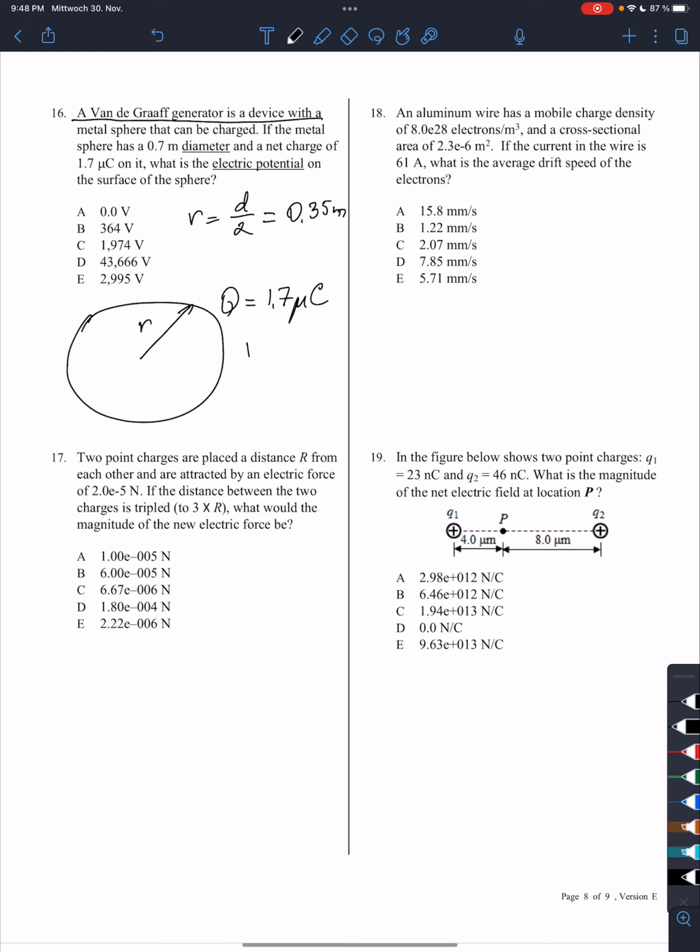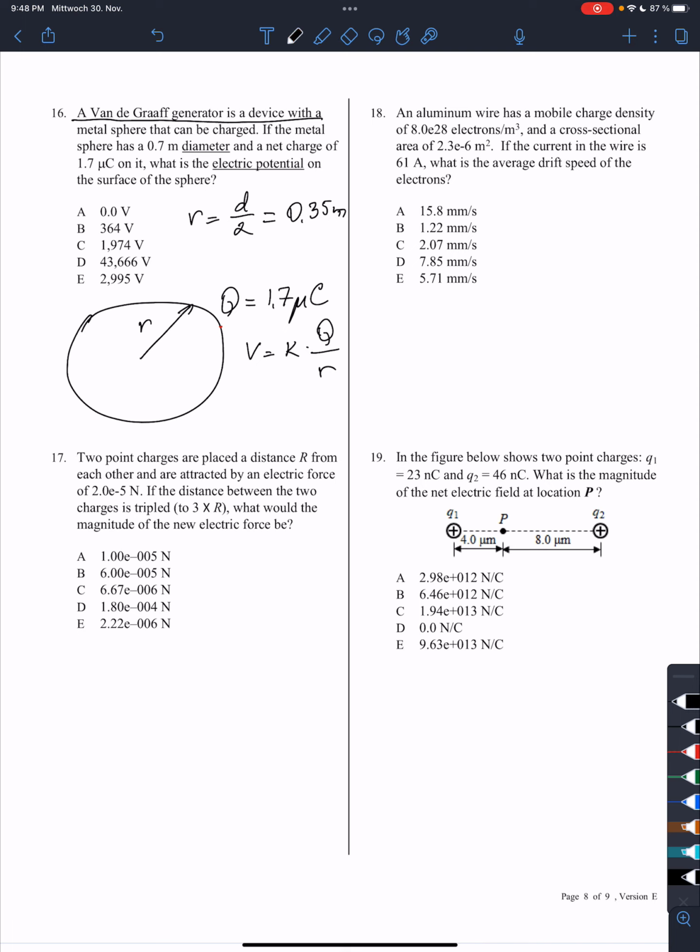For the electric potential of the sphere, we have the equation K times the charge divided by the radius. The radius is to the point where we compute the potential, but in this case this radius coincides with the radius of the sphere, right? Because we want to find the potential on the surface of the sphere.